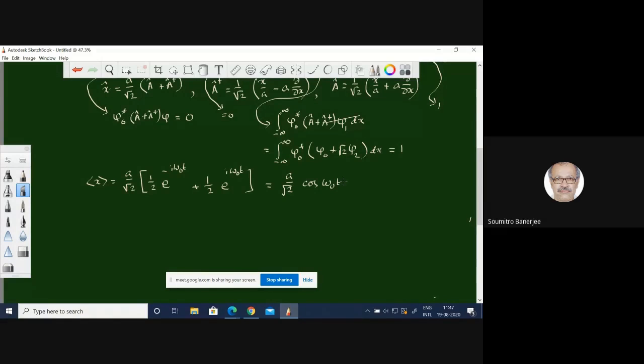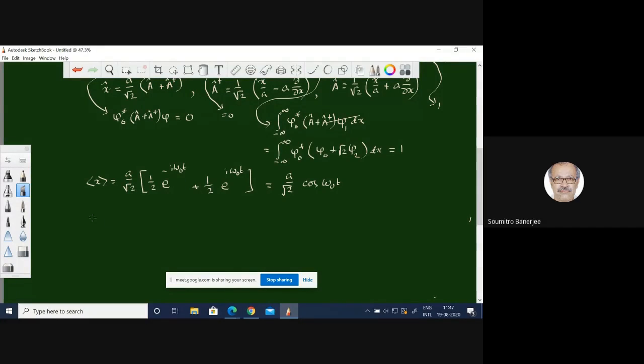So out of all this, the simple conclusion is that the expectation value of x will oscillate cosinusoidally with a frequency omega naught. And it is the same frequency at which the classical harmonic oscillator oscillates. So here, the expectation value will oscillate exactly in the same way.